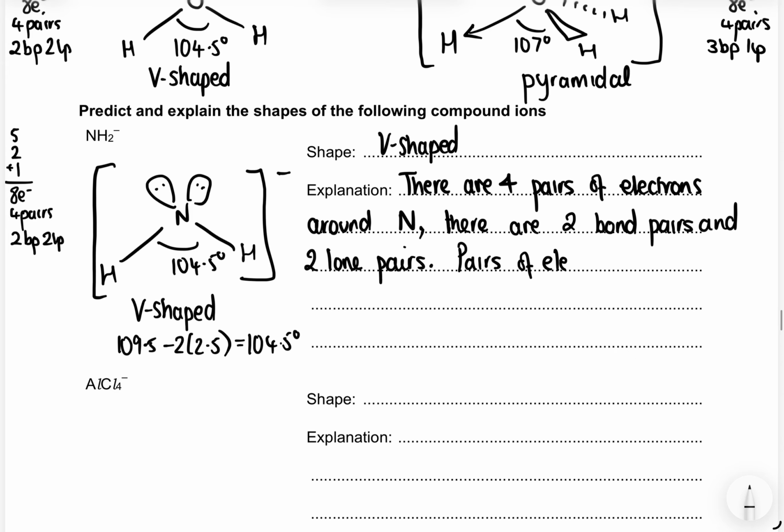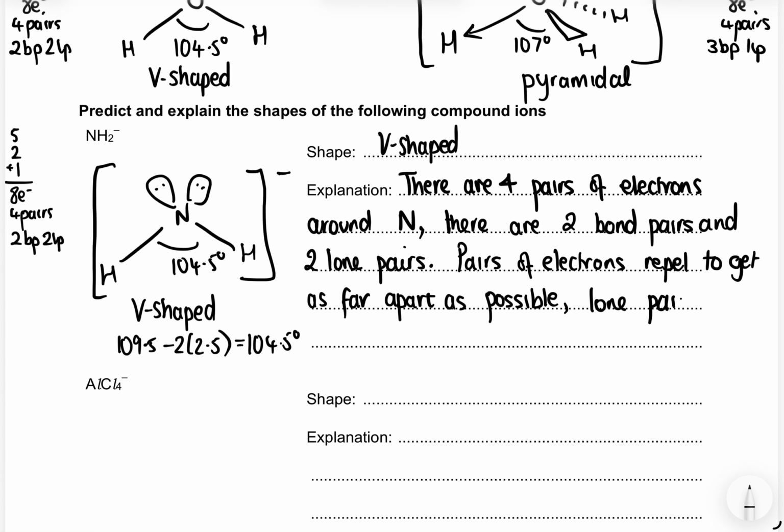It must say pairs, it can't just say electrons. Pairs of electrons repel to get as far apart as possible. That's the valence shell electron pair repulsion theory. Lone pairs repel more than bond pairs. And that is why that bond angle's been reduced.